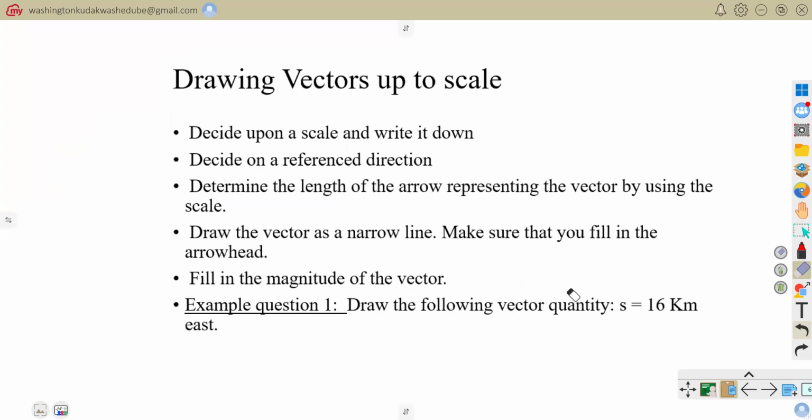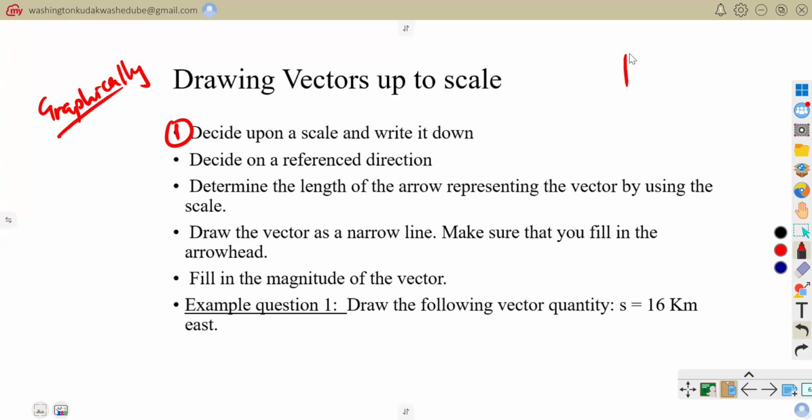Now, like I mentioned, at some point in time they will ask you to draw vector quantities. So when you are drawing a vector quantity, let's say that you want to represent a vector graphically, there are certain steps that you need to follow. First, you need to decide upon a scale and write it down.